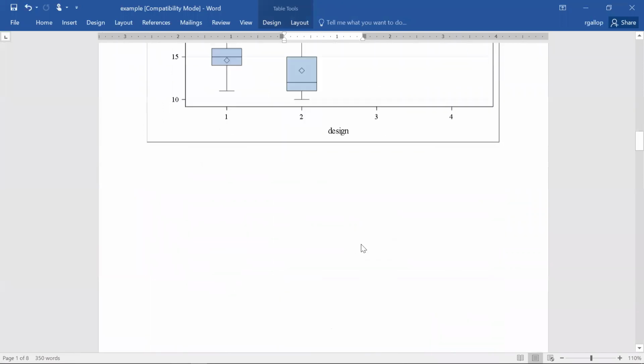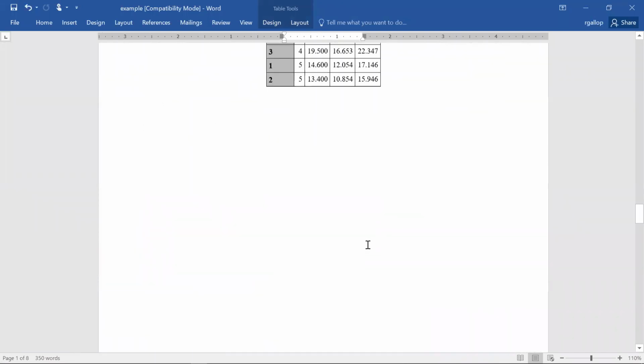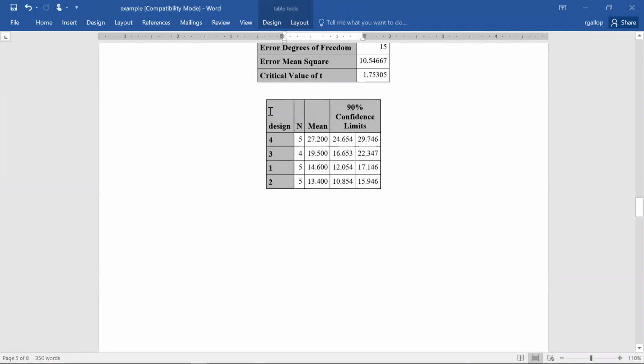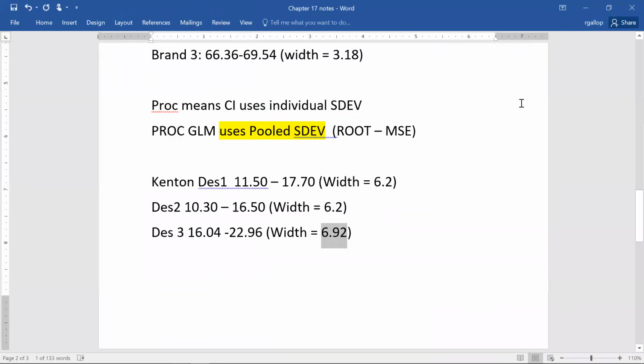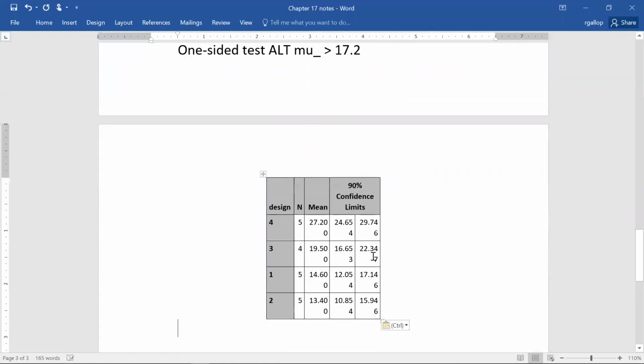It takes all that to an RTF file. And then if I go here, here's my 90% confidence intervals. Let me take this. All right, close this out. So mu greater than 17.2, that's just what we're dealing with there.